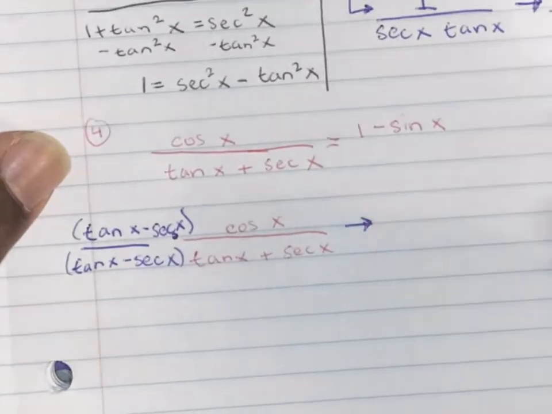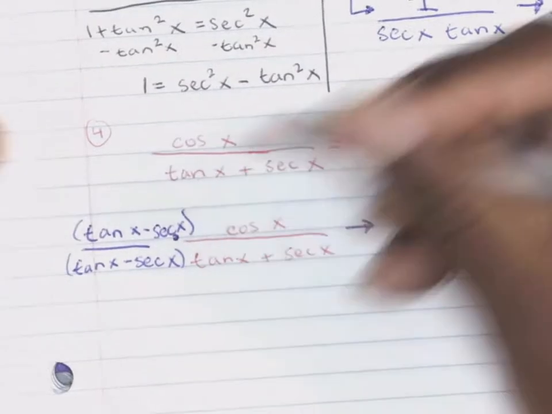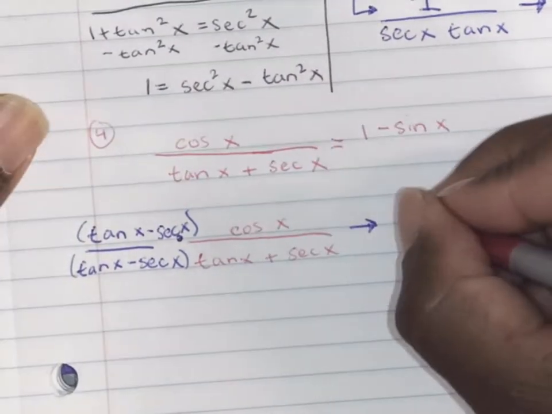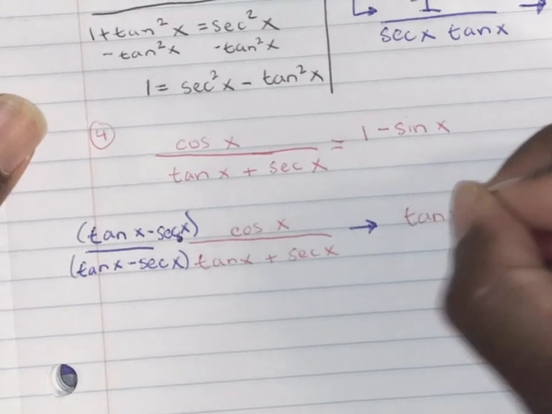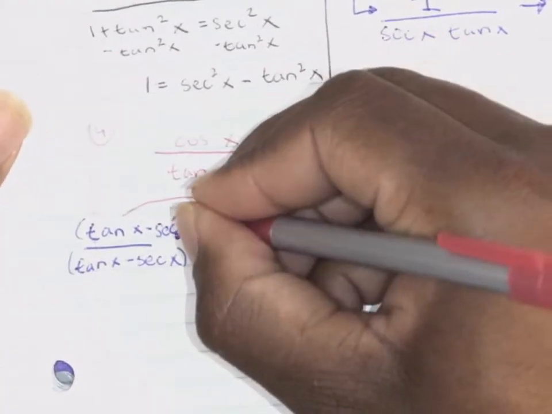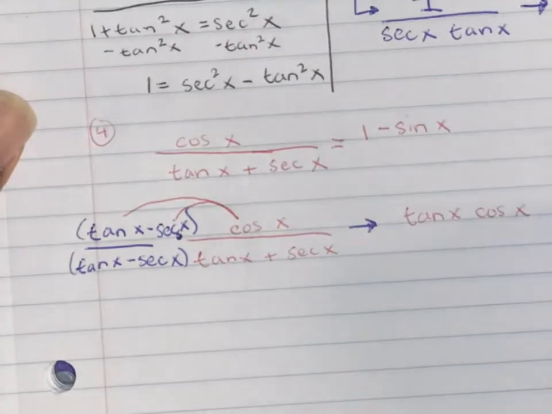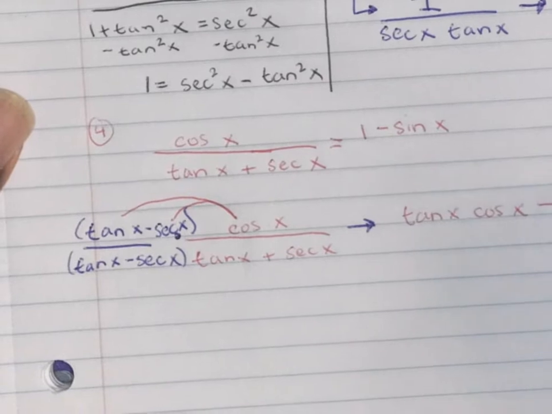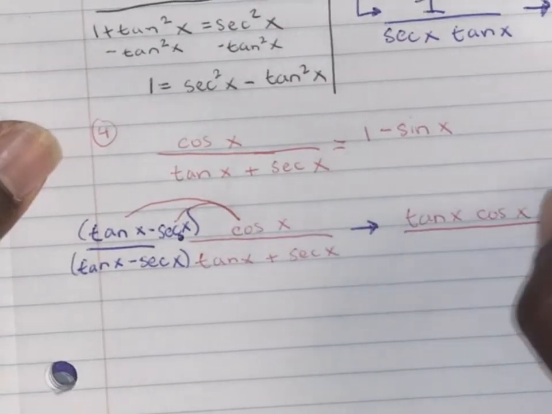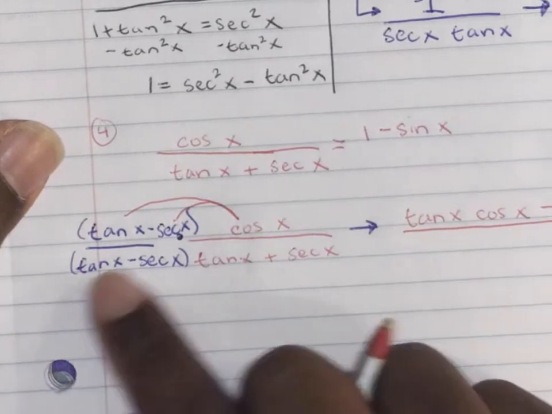So here on the bottom, well, on the top, I could do the top. On top, you have tangent times cosine. That's that. Then you'd have secant times cosine, so minus secant x cosine x, all divided by first times first.